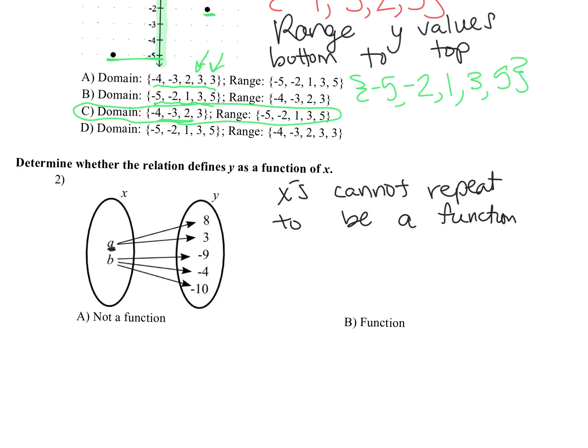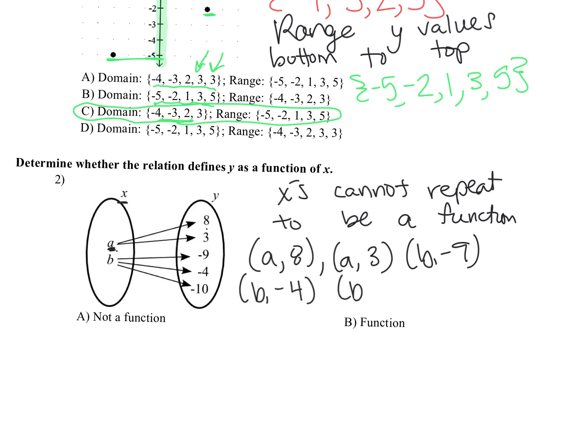This would be A, comma, 8, and then also A, comma, 3. You can see that this is my x values. So A8 and then A3, and then I have B, -9, B, -4, and B, -10. What you can see here is that my x values are repeating for both A and B, which is a problem. So this is definitely not a function.